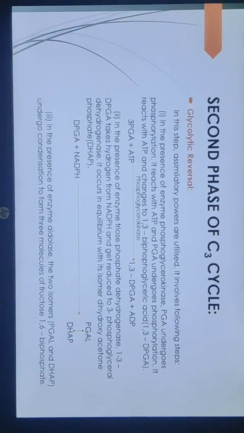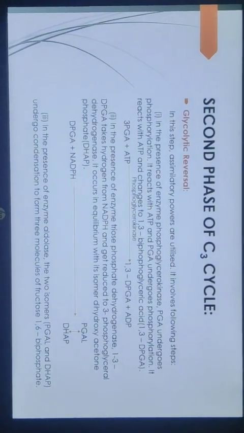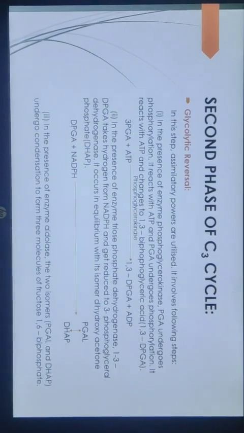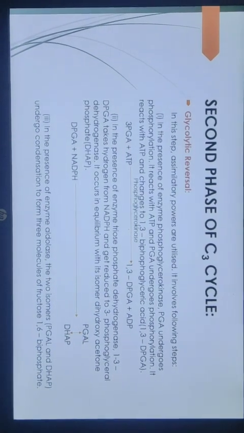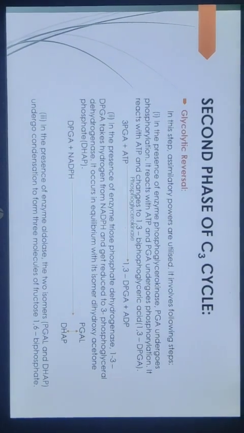Now the second phase of the C3 cycle is the glycolytic reversal. Again the assimilatory powers, that is ATP and NADPH, are utilized. The glycolytic reversal includes the following steps.